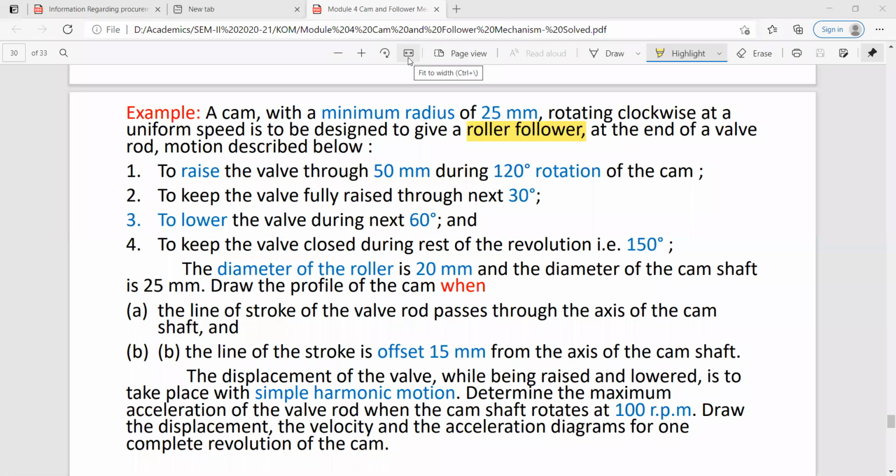That is our plan. If we see that 3 modules are covered, then only 50% syllabus is covered till now.